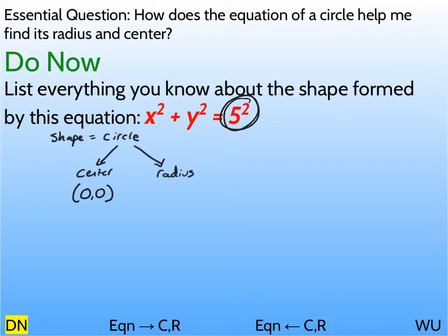It's not the squared, so it's going to be x squared plus y squared equals the radius squared. So in this case, the radius is 5. So if you wanted to do a quick sketch of this, not the worst circle I've ever drawn, not the best either, but the center's right here, and the radius is going to be 5.